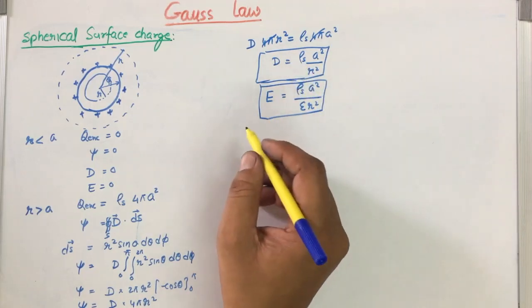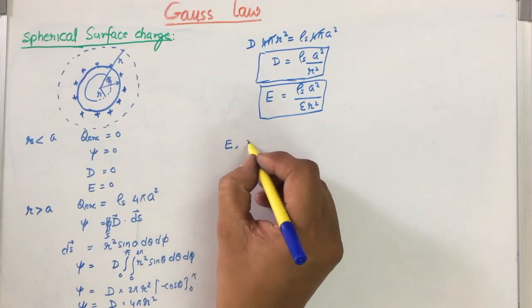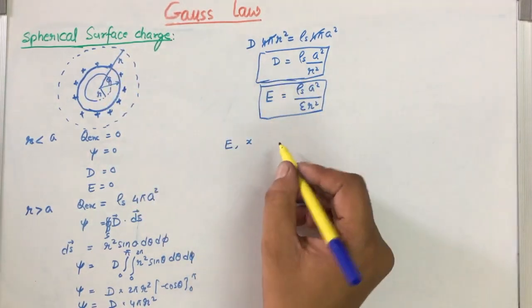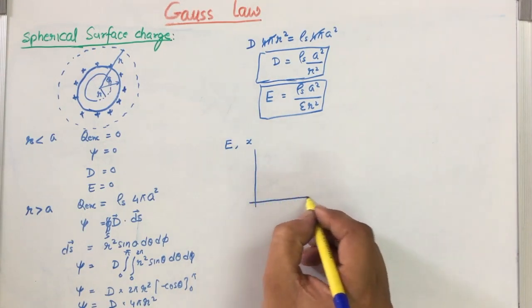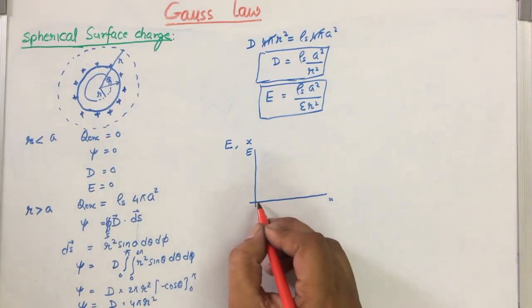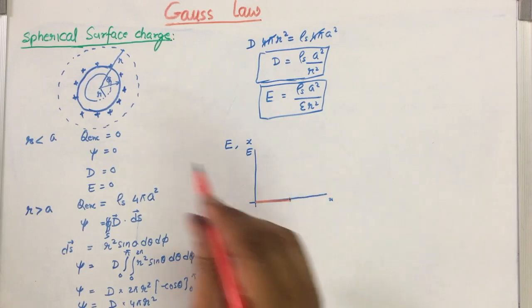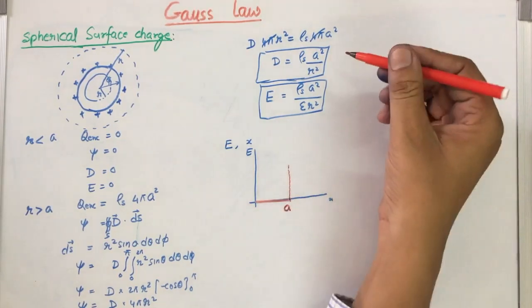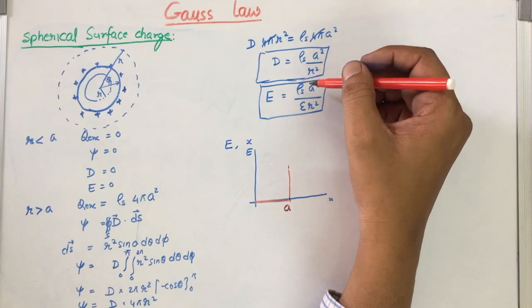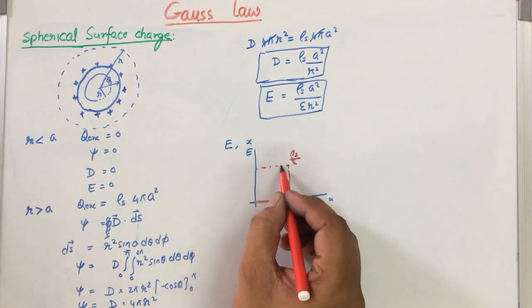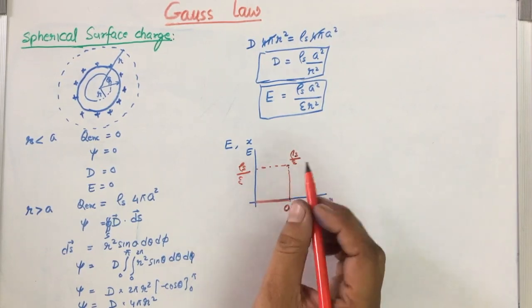If we wish to plot E against x, where x is the radius of the Gaussian surface, then inside the spherical shell it is 0 up to a, and at a it is maximum, that is rho s by epsilon.